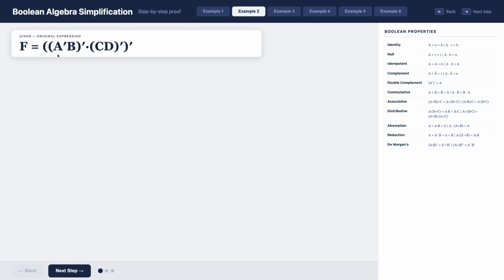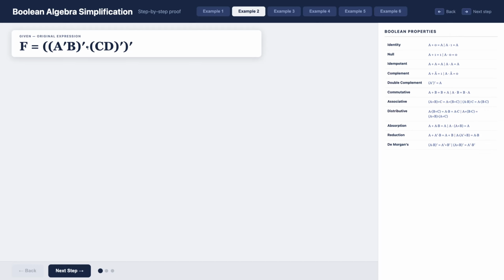So here's what I'm doing here. I'm applying an input, A bar, and another input, B, into a NAND gate. Okay, so you can see A bar ANDed with B with the bar here is the NAND. And then I'm going to AND those two, and that with this expression. So this is also a NAND gate. And then I'm going to NAND it at the end. So this is an all NAND implementation of a logic expression.